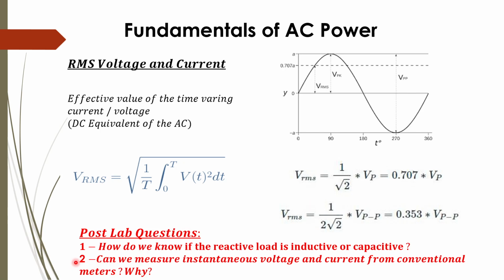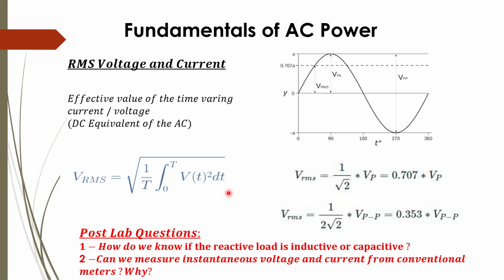So now we arrive at the second part of the question: can we measure instantaneous voltage and current from a conventional meter? You remember the conventional meter with the full scale deflection. I'm talking about galvanometer style conventional meters, in which we have a pointer attached to a spring, and the effective torque turns out the rotation such that the pointer indicates the value of the voltage.